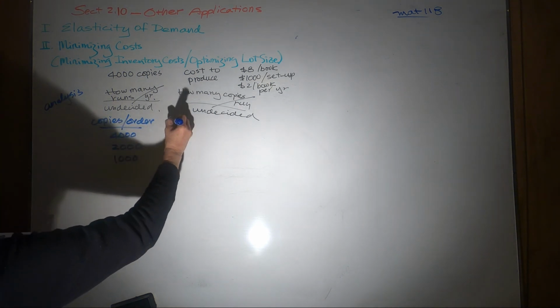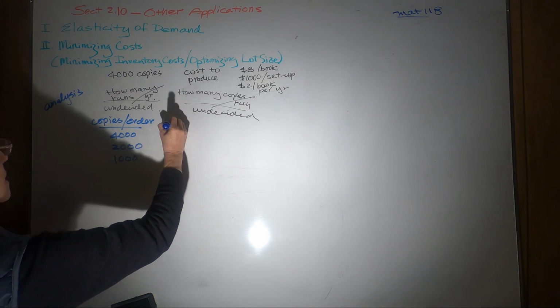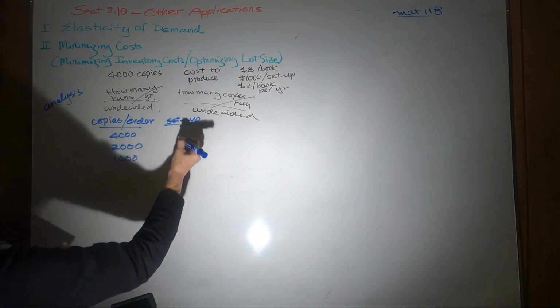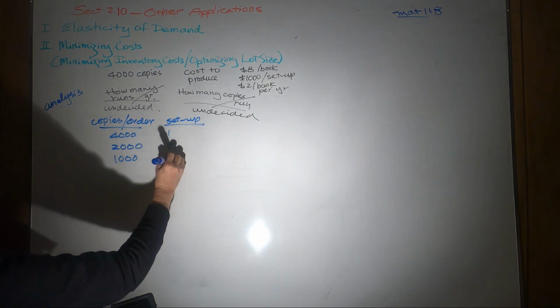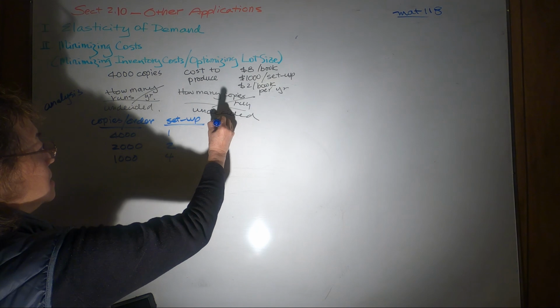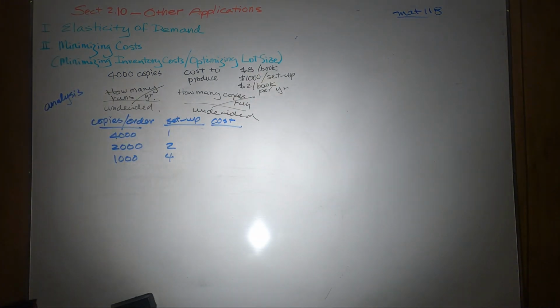So how many runs do you need and set up? The setup you need to do one time, or twice, or 4 times. Then the cost would be all those things.